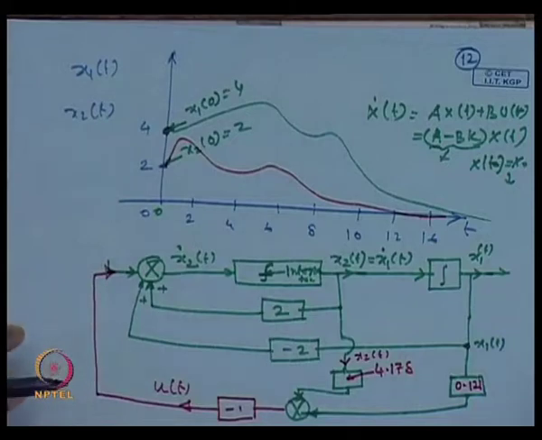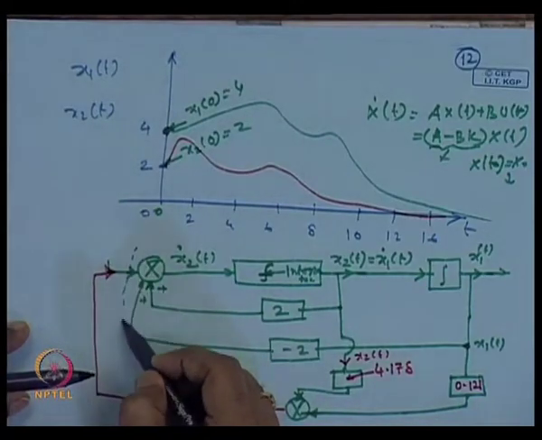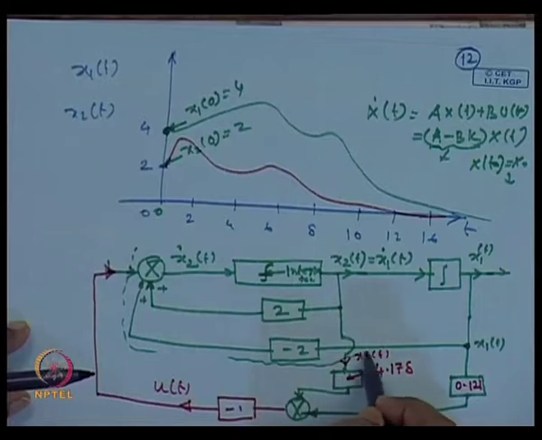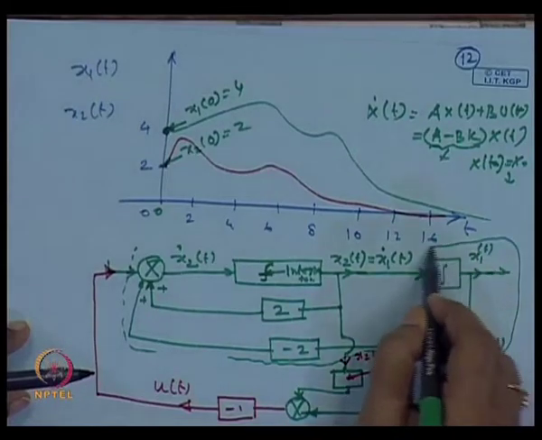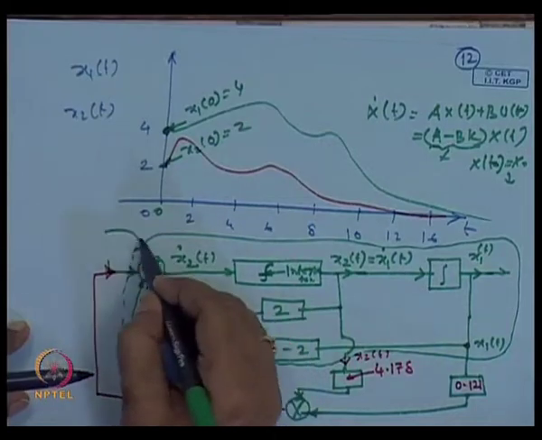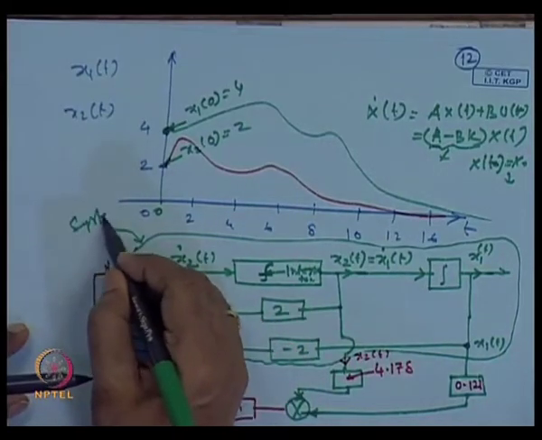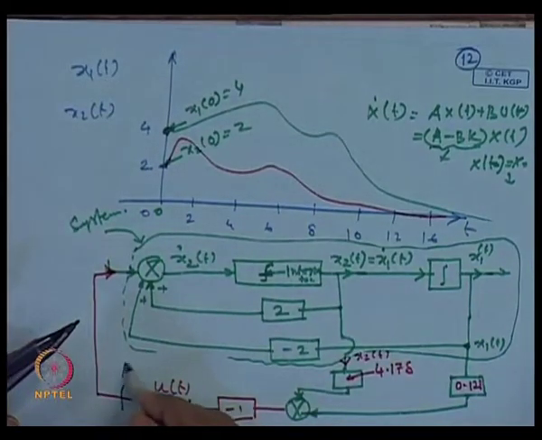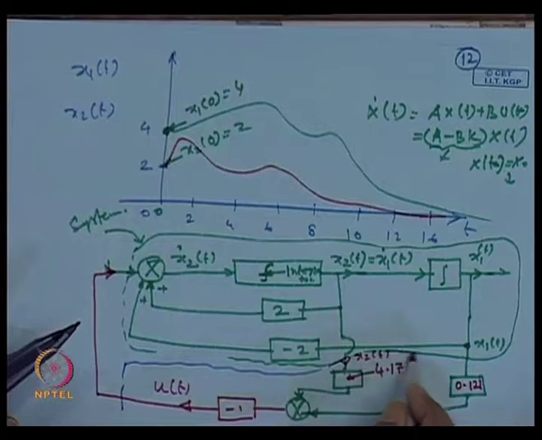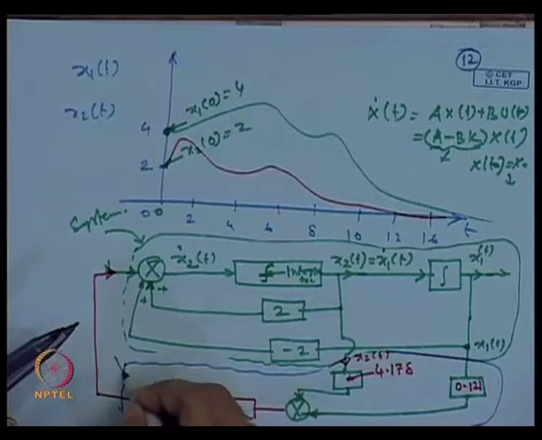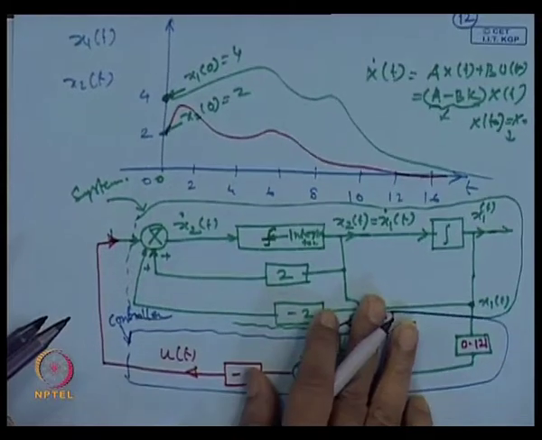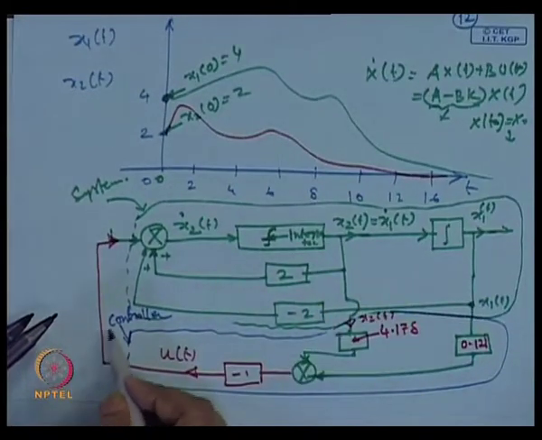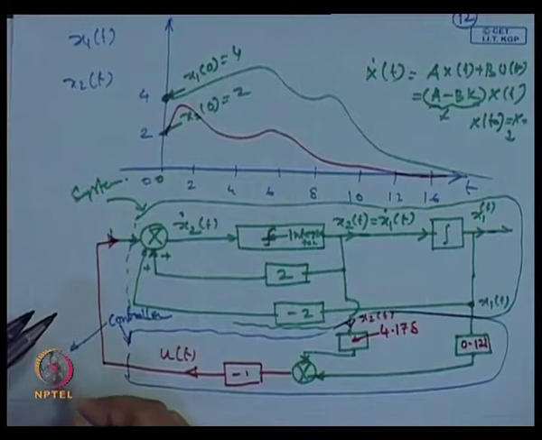So, if you see this portion from here to here, this is our plant or system, and our controller is that part. What type of controller is that? That controller is the LQR controller.